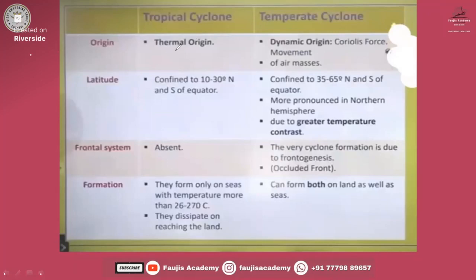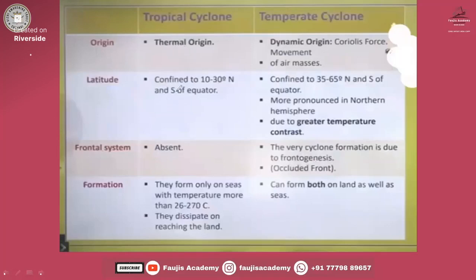So tropical cyclone formation happens because of thermal origin, whereas the temperate cyclone is of dynamic origin. It means the Coriolis force is there, then the earth's movement, and also air masses. Because of air masses, we have the formation of fronts. So in this the origin is from the front and the Coriolis force also. And in the tropical cyclone also we have the Coriolis force, but mainly the thermal origin.